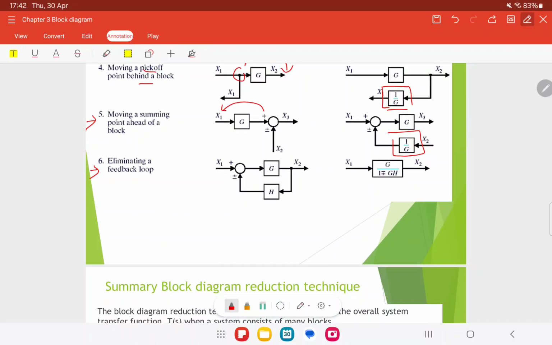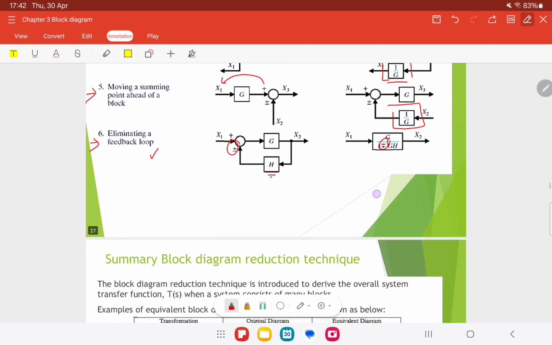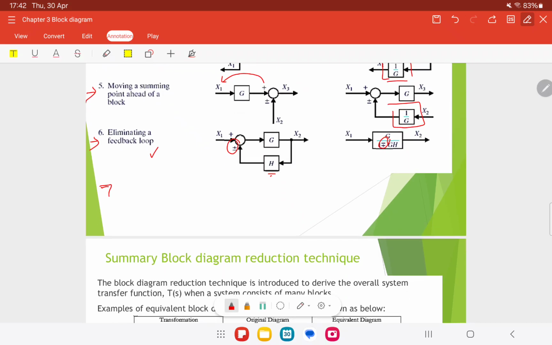And then this is for feedback. This is the one we use the most, the feedback loop. For this one you have to look at the symbol here. Another one, number 7, is cascade.